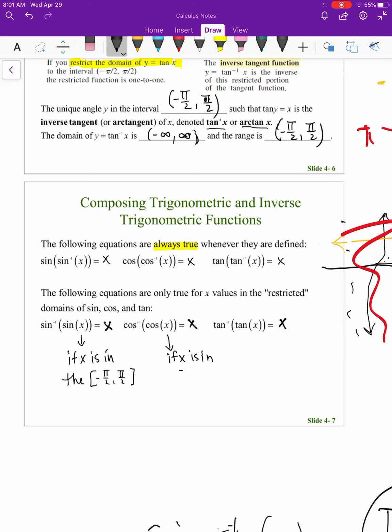And again, if x is in that 0 to pi, if x is in that negative pi over 2 to positive pi over 2.